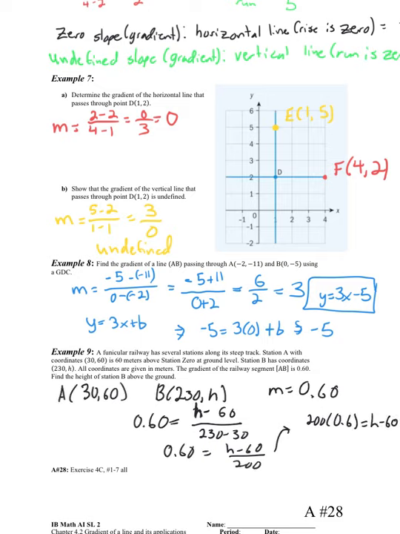Is it not 230? Well, it was 230, but it was 230 minus 30, because we're doing the slope equation. Okay, gotcha. So that's why it became a 200. And then 200 times 0.6 should be 120. And then we add 60 to both sides.